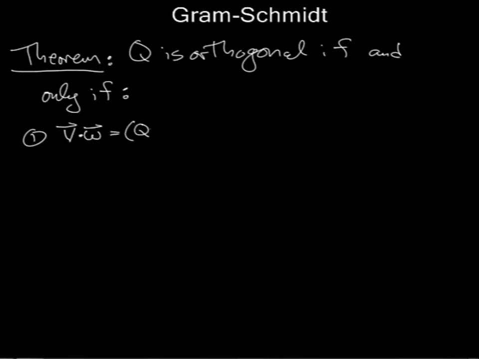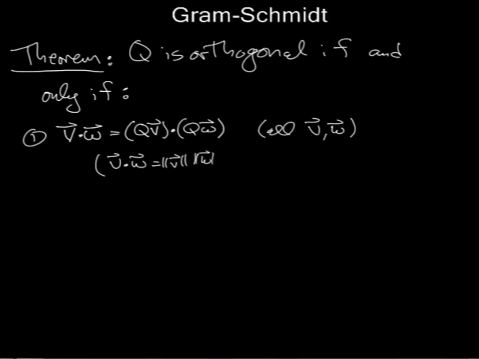The dot product of V and W is the same as the dot product of QV and QW for all vectors V and W. Now remember, V dot W is basically the cosine of the angle between them. And so this property is saying that this operation preserves angles.